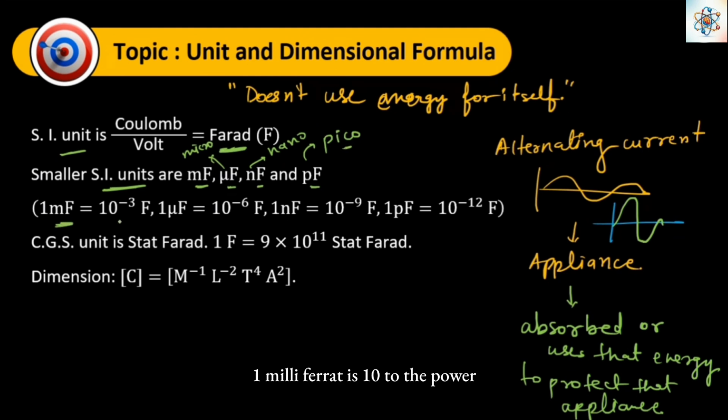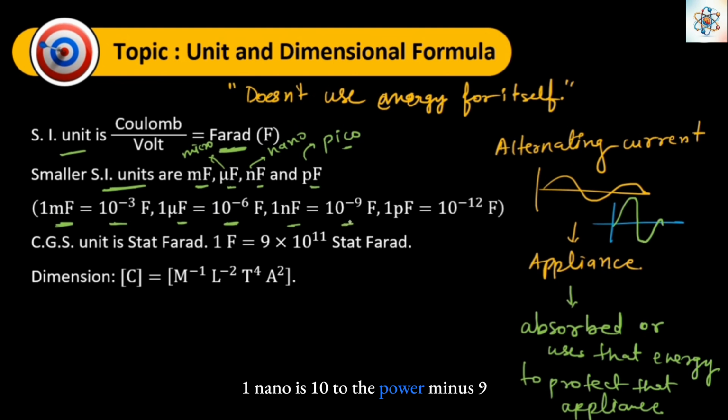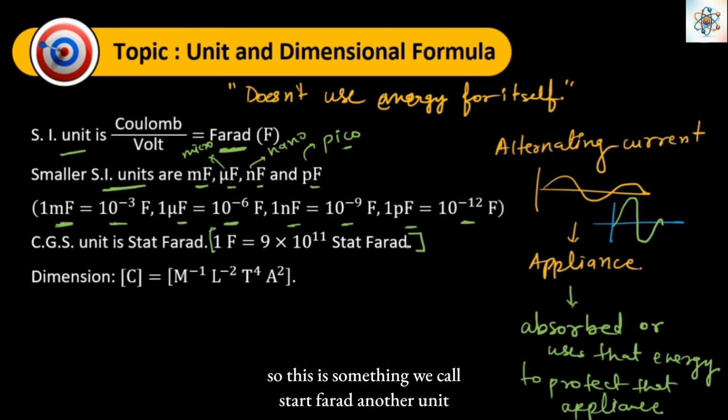So 1 millifarad is 10 to the power minus 3 farad, 1 microfarad is 10 to the power minus 6, 1 nano is 10 to the power minus 9, and 1 pico is 10 to the power minus 12. This is something we call statfarad, another unit. So one particular thing may have more than one unit to measure it, because it depends completely on which device it is and what capacity it is actually made for. So it depends upon that only.